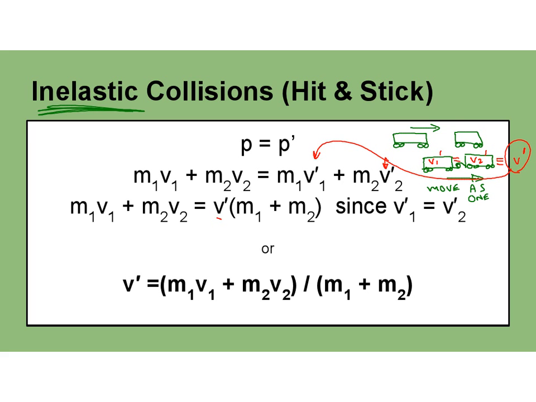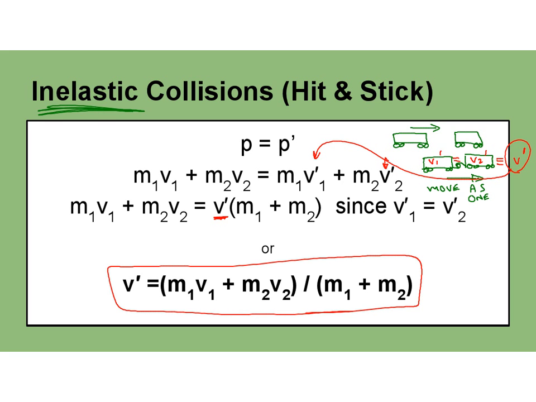That gives me a common factor which I can pull out front, V prime right there, and then I'd have M1 plus M2 that I could distribute to get back to where I started from. And this is a really nice way to solve problems that are inelastic collisions where they hit and stick. Now maybe you like it written a little bit differently.